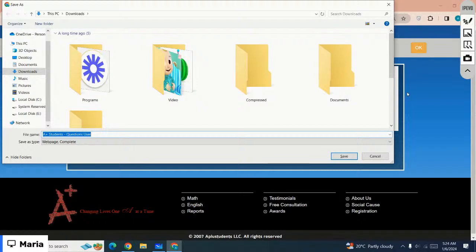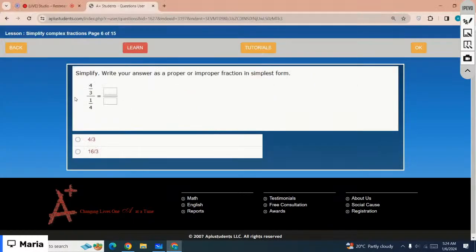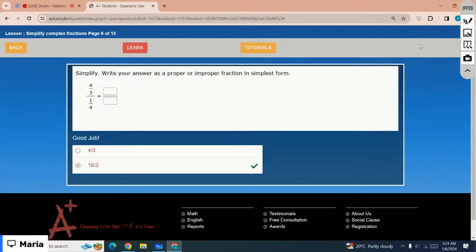The correct option is 16 over 3. Option number 2 is the correct option, right?